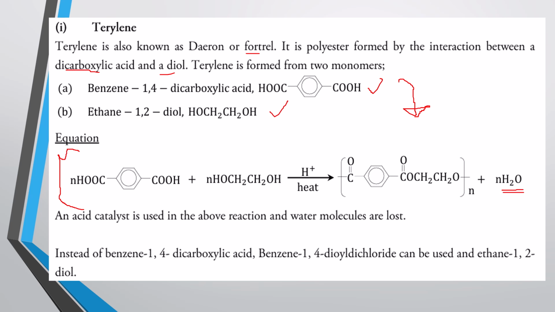So one water molecule is going to come as a result of the carboxyl group donating the OH group, and then we also pick one hydrogen atom from this ethane-1,2-diol. So when these two combine, we are going to form the first water molecule.